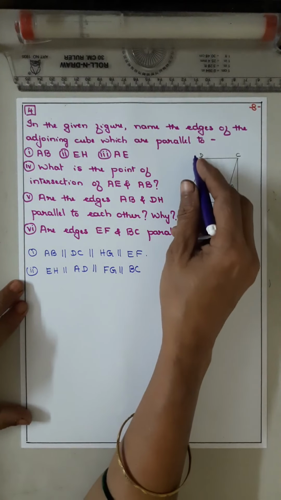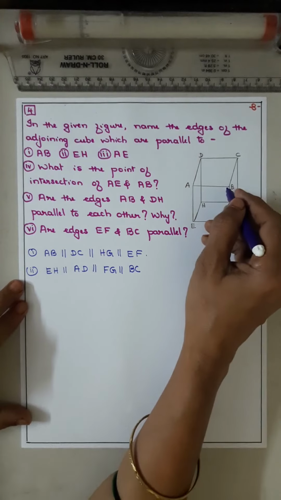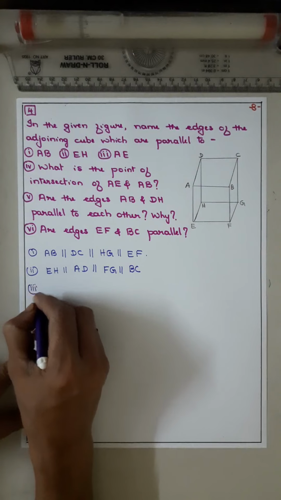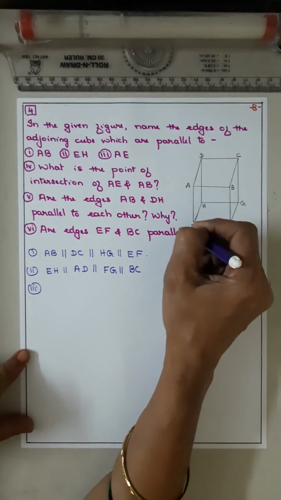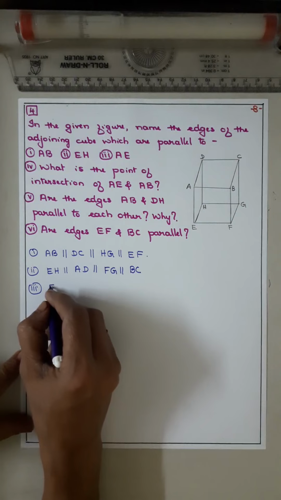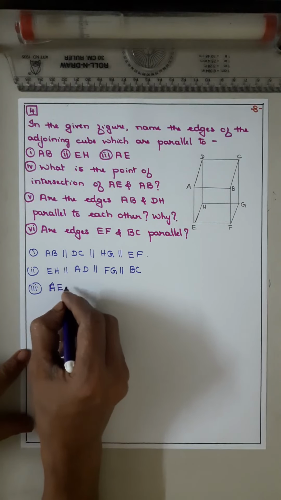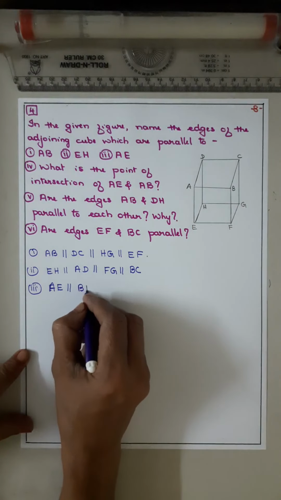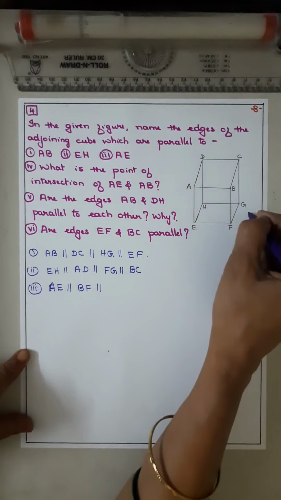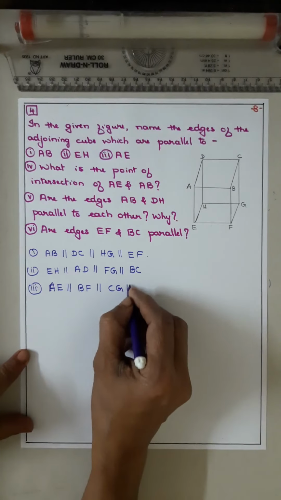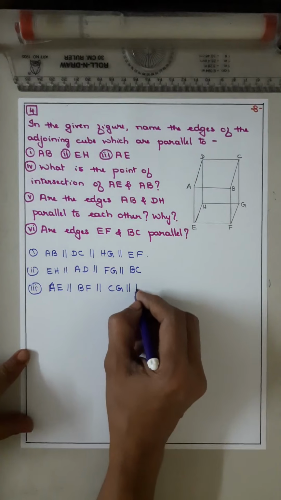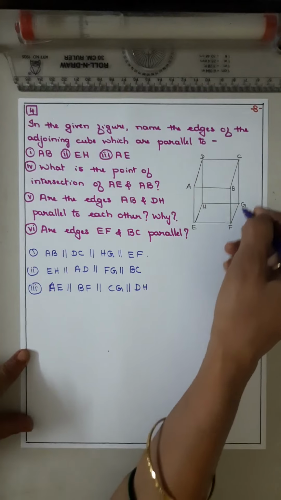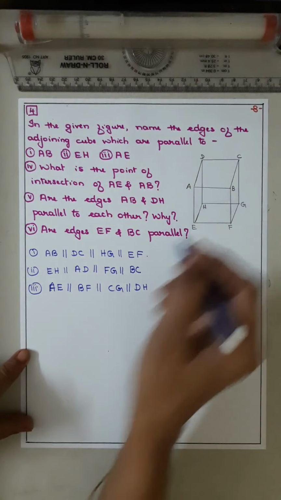EH, AD, FG, BC, all are parallel to each other. Now the third one, AE, this one standing, AE is parallel to BF, parallel to CG, parallel to DH. Standing ones: AE, BF, CG, DH.